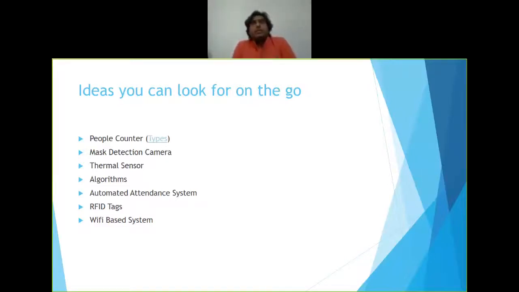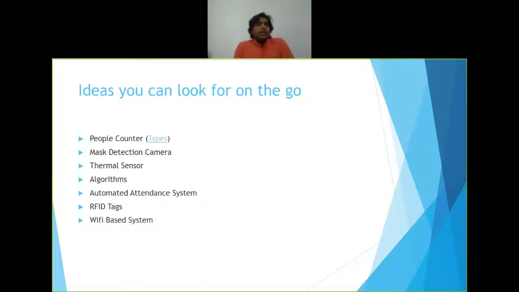Now this thermal sensor can definitely check the temperature of the person. At the same time, you can overlap it with a people counter, so that you also check whether the temperature of that person is under the bracket of allowable temperature. At the same time, you also count the number of people entering a premises. So you can solve two sorts of problems with the same single setup.